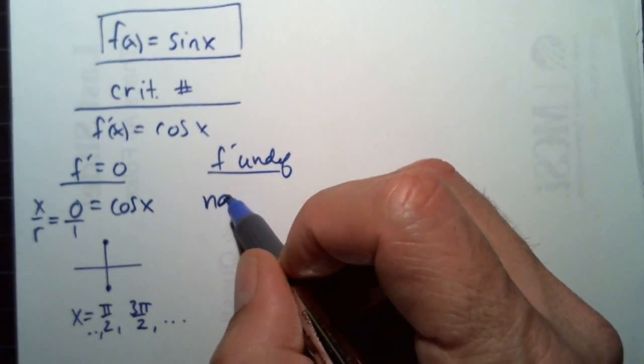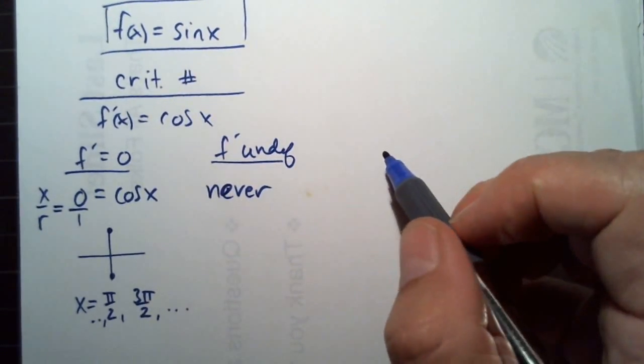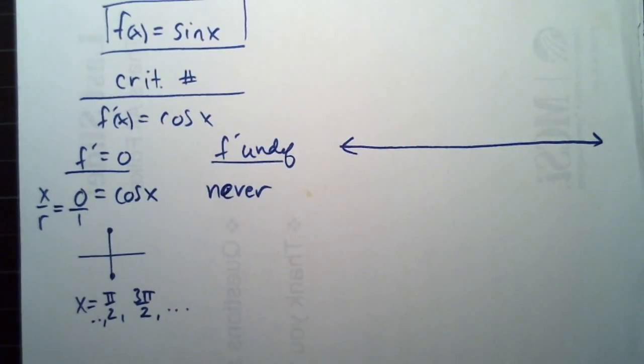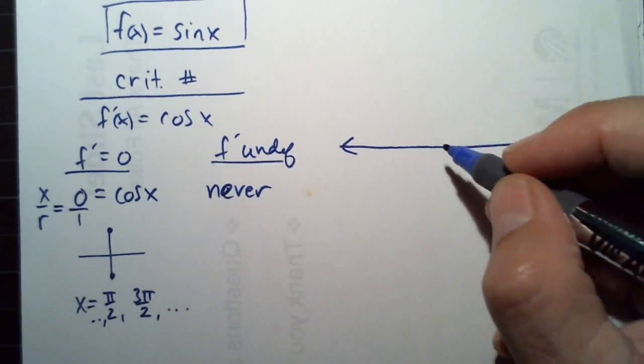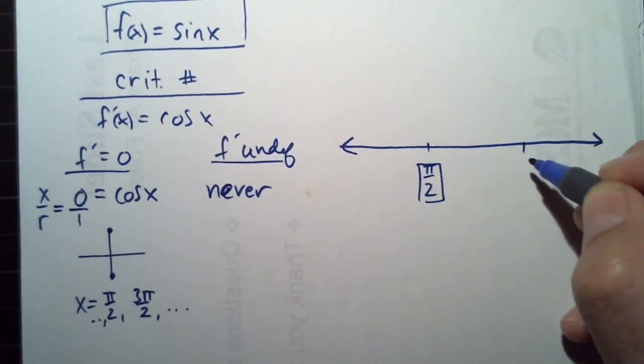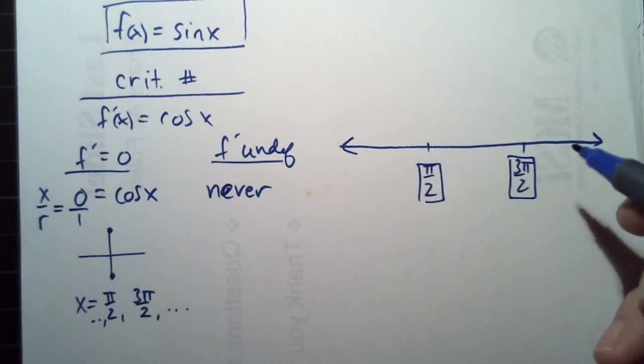Cosine is never undefined. So we have pi over 2 as a critical number, and 3 pi over 2 as a critical number.